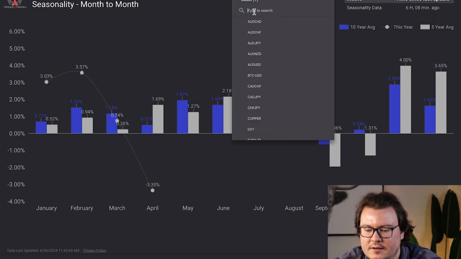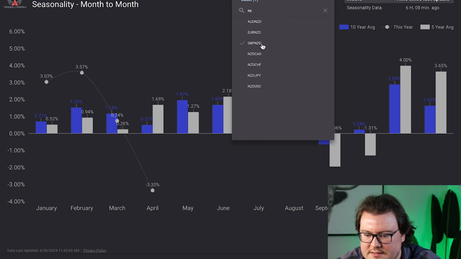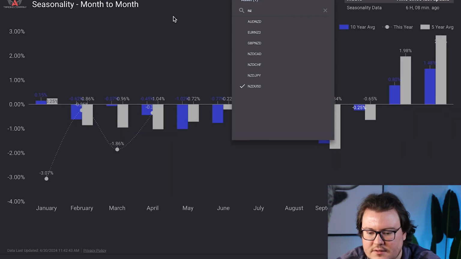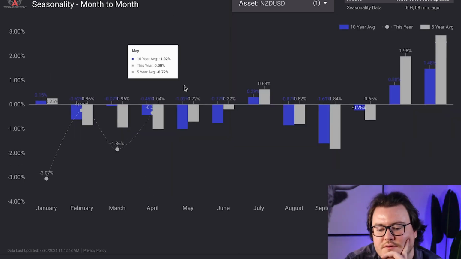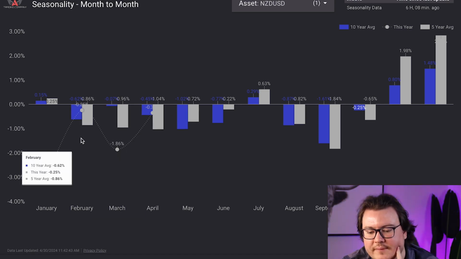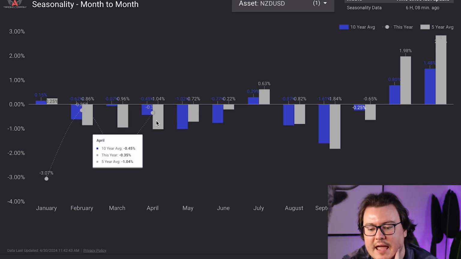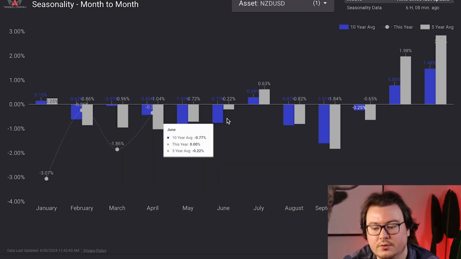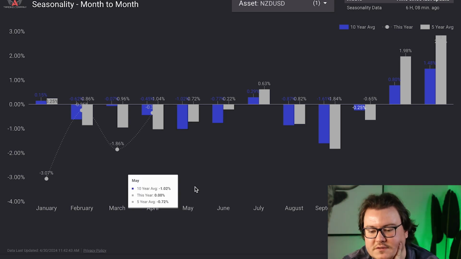Let's take a look at what we're looking at, NZDUSD and AUDUSD. Let's see, NZDUSD. Here we go. So this is interesting. Historically, February, March, April, May, and June are negative months for NZDUSD. It moves lower.